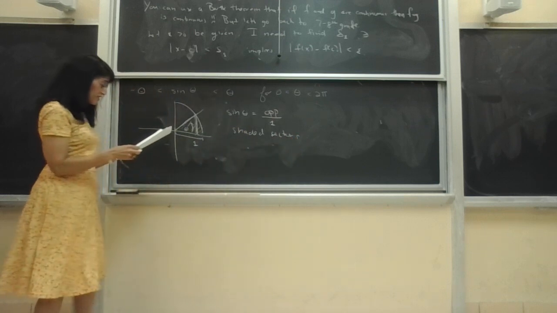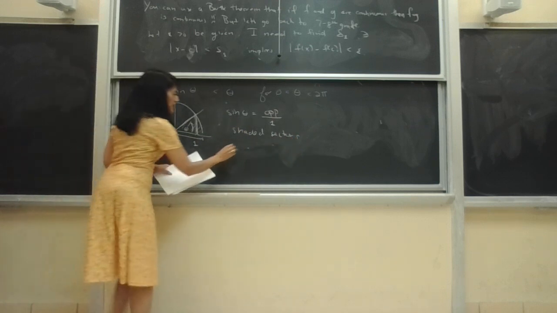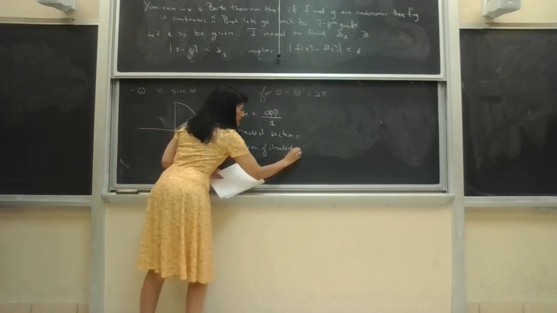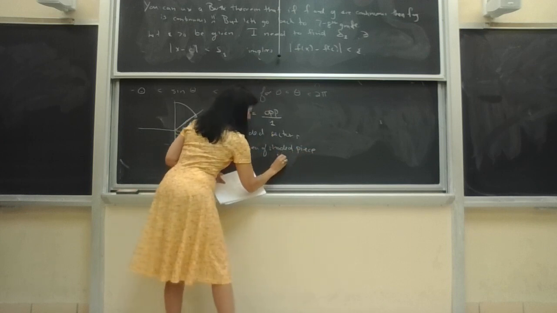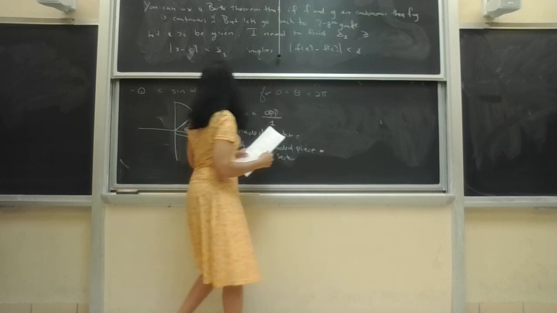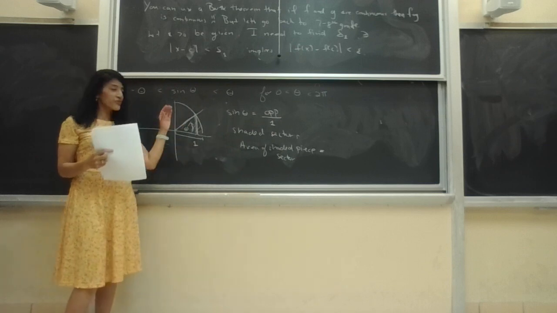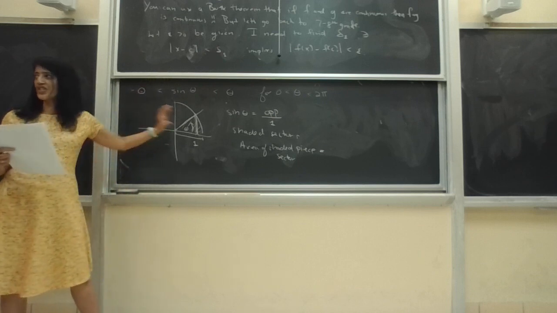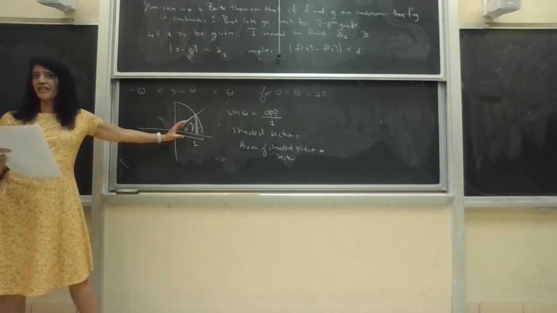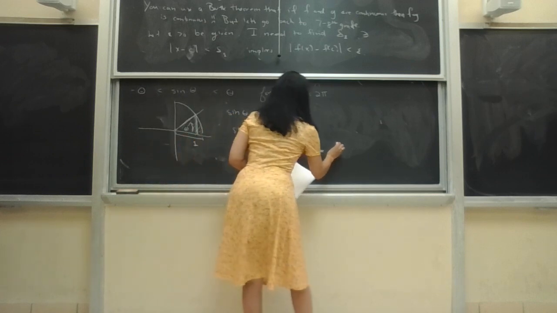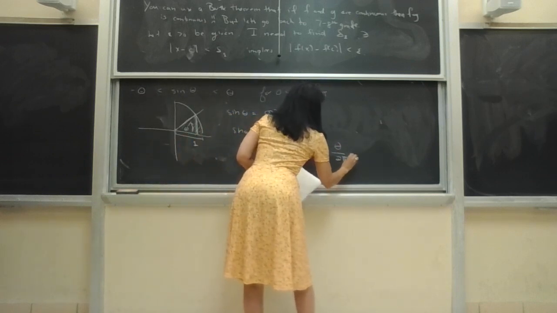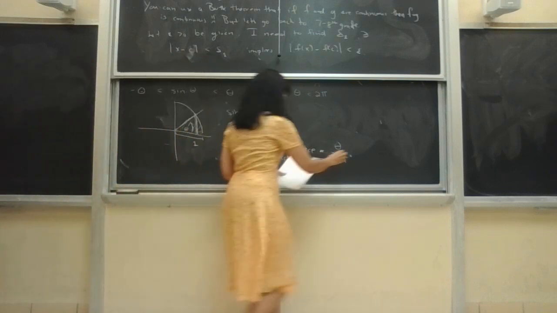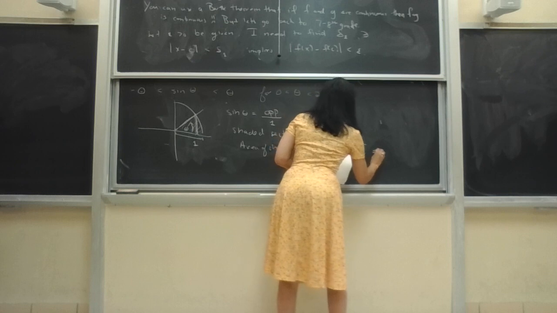I'm laughing because I didn't particularly like this kind of math, but the area of that shaded piece, that sector, is equal to the fraction of the circle I've gone all the way through. So that's going to be theta divided by 2 pi because the circumference is 2 pi. So I've just chopped off theta divided by 2 pi. So that's the fraction, times the area of the unit circle, pi, over 2.